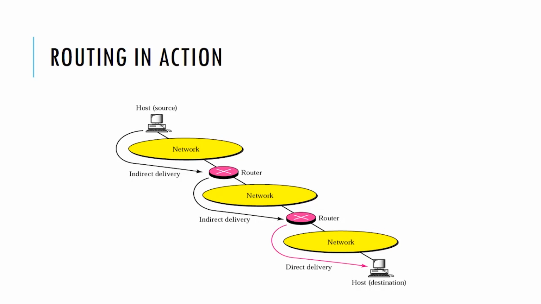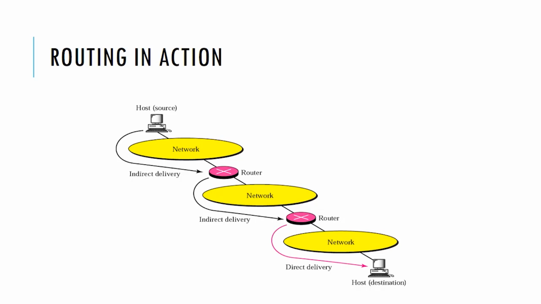We can see that each 2 machines connected through the same network use direct delivery. Routers contact each other through indirect delivery because they are not connected directly through the same network. This is routing in action.